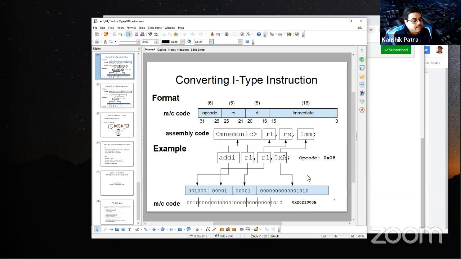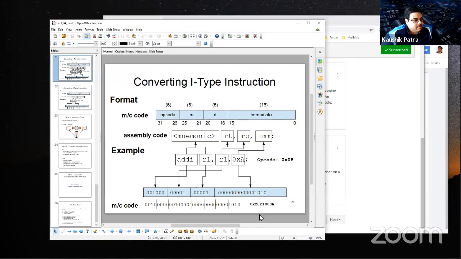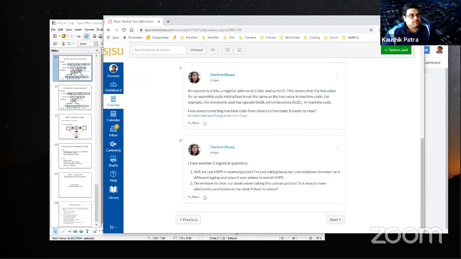Now your question is how it is useful or easy for handling and determining if my code is an ADDI or something. Remember, the computer does not work on this part. The computer works on this part. For example, let me pull up my Jamboard.